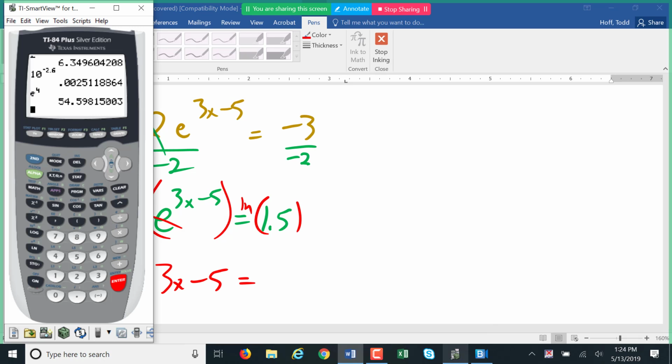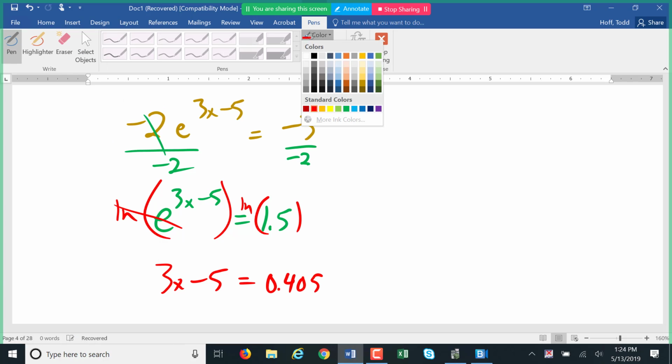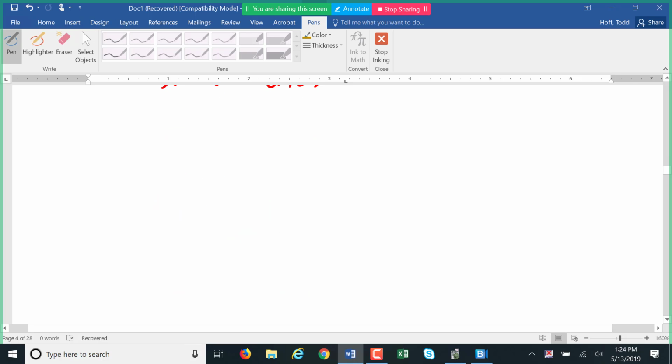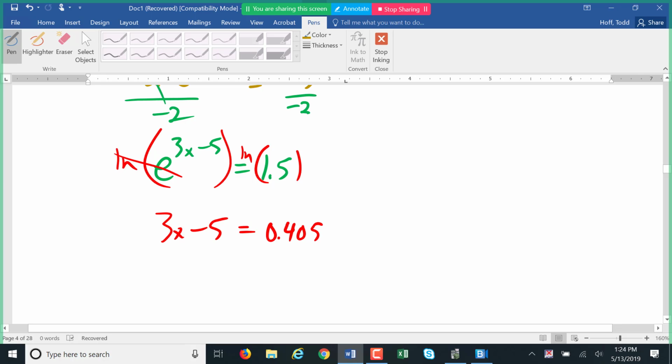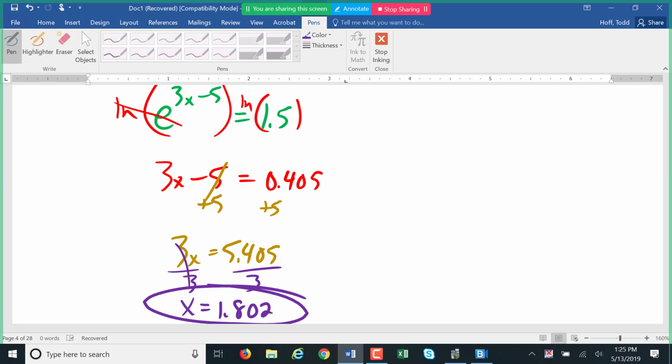3x minus 5 equals ln of 1.5, 0.405. And then add 5. Come on now. 3x equals 5.405. And finally, divide by 3. X equals 1.802 approximately.